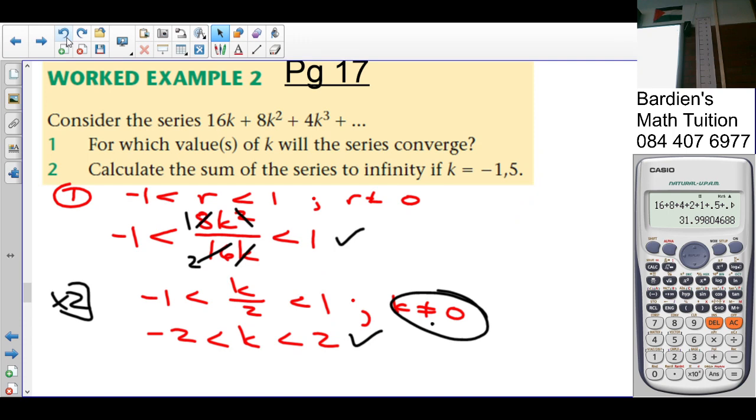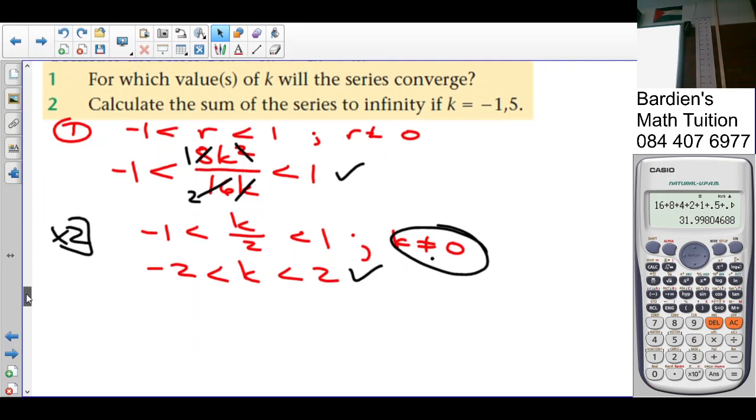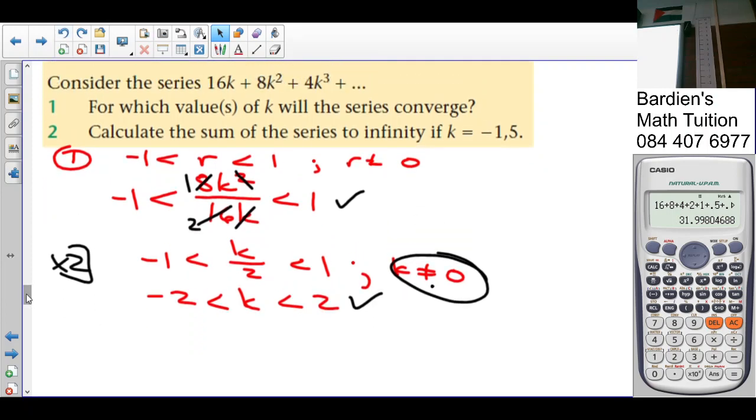So if k is equal to negative 1.5, what can I do with that? I can now work out my first 3 terms of the sequence. Not so? So what I'm going to do is substitute negative 1.5 wherever I see k.